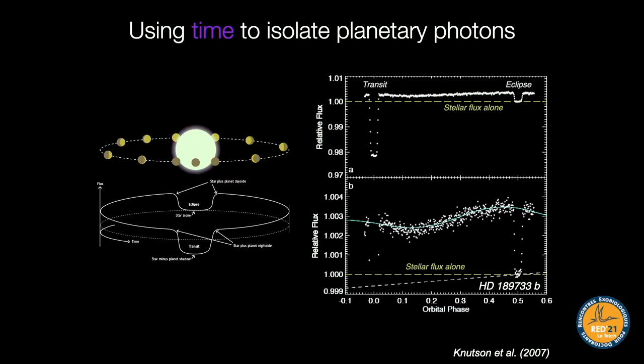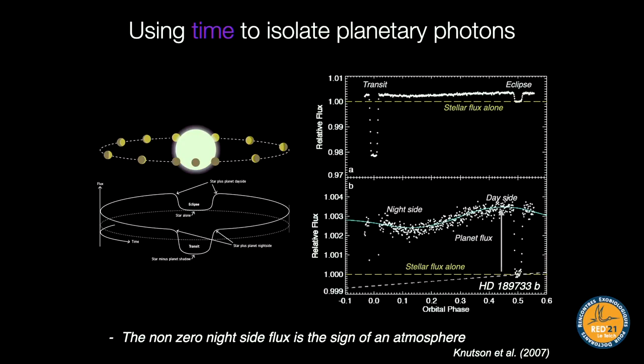As I said, it's because we now see progressively more and more the day side of the planet. And then during the eclipse on the right, you see that the light from the planet disappears because the planet disappears behind the star. And we have this reference point when we have only the luminosity of the star.